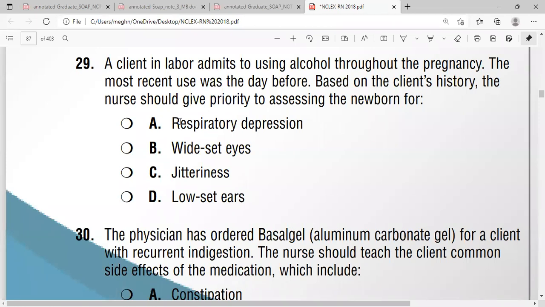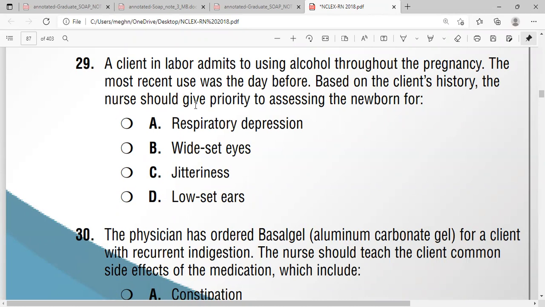Number A, respiratory depression. Number B, wide set eyes. Number C, jitteriness. And number D, low set ears.